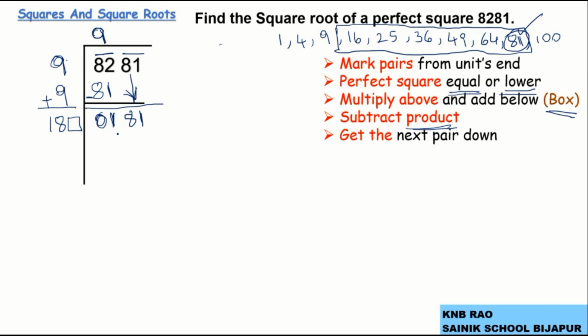So now we have got 0181. This is the new number which we have got. We say that it is the remainder. So now we have to choose here in this box a digit, such that when it is multiplied by the same digit, that is the same box, it gives the product closest to this number, either equal to or less than that number.